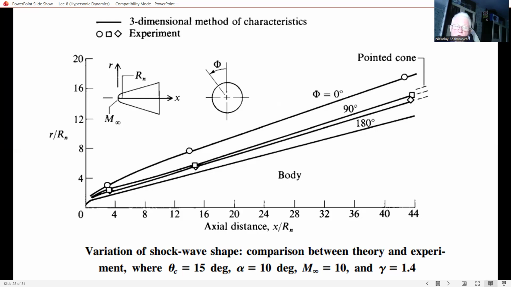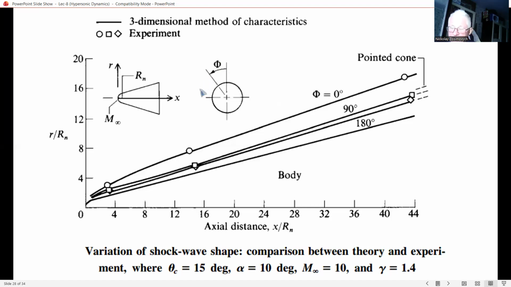Theoretical results for the inviscid flow obtained by Rakich using the three-dimensional method of characteristics are directly compared with experimental wind tunnel results. For example, this slide shows the calculated and measured shock wave shape in air, with gamma 1.4, at three meridional planes.